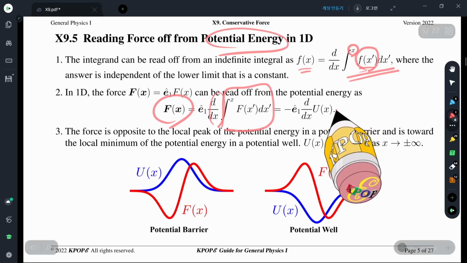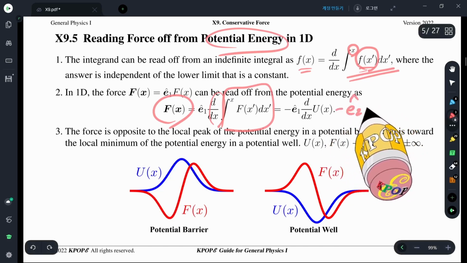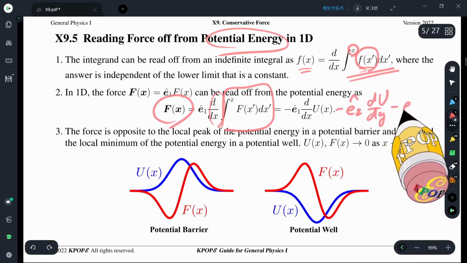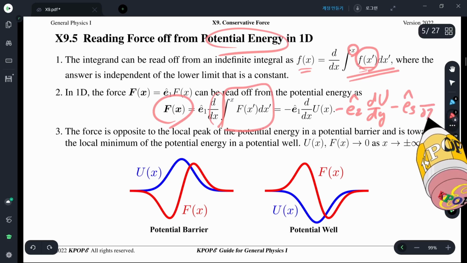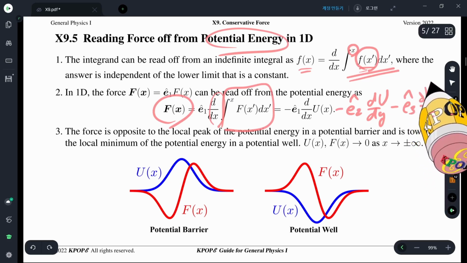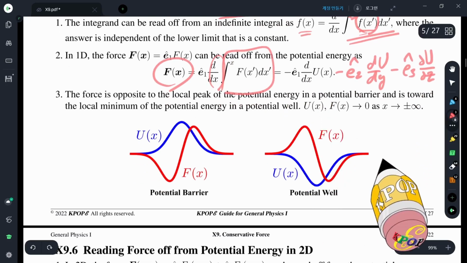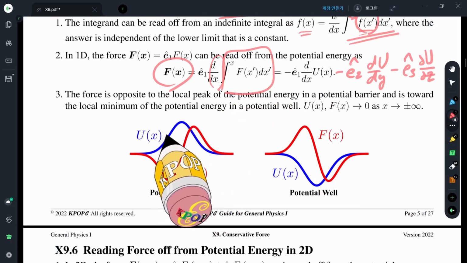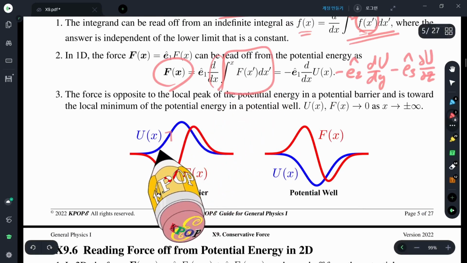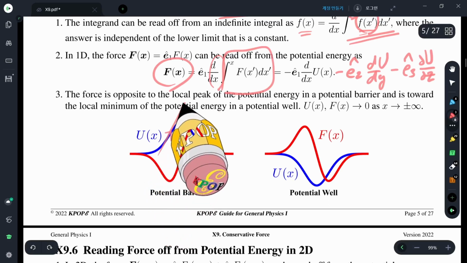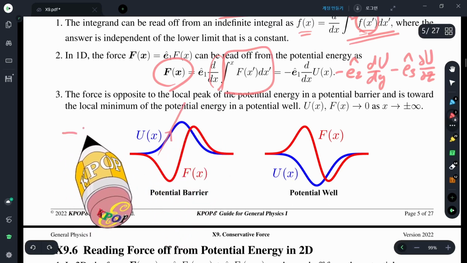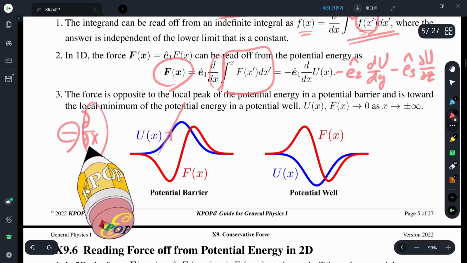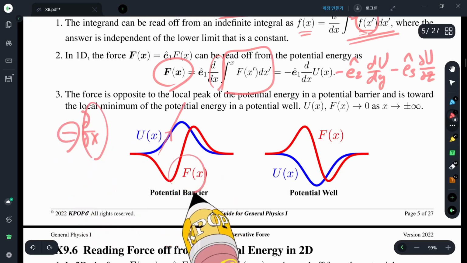We can extend this to additional pieces. We can find where the potential energy increases. So this is the slope, and the negative value of the slope is the force.